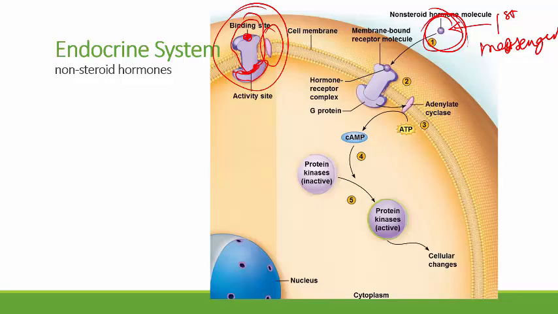So our non-steroid hormone binds at the binding site. This causes a change at the activity site. When that non-steroid hormone binds, it scoots electrons around in this molecule, and as those electrons move, that changes the shape of the activity site.